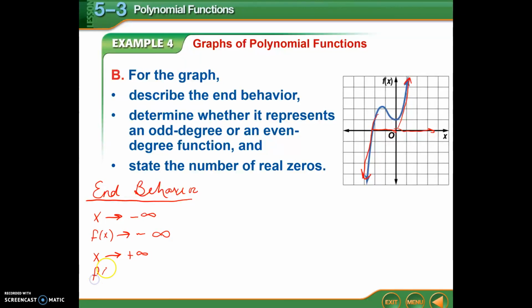So my function is going to positive infinity. Since my degree starts and ends in different directions, this is an odd function. And the number of real zeros: it crosses or touches the x-axis in one spot.